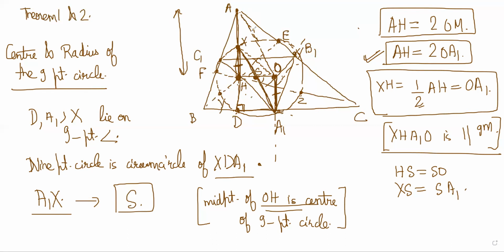If you think of this HOA triangle, X is the midpoint of AH, right? And S is the midpoint of OH, right? So SX is a mid-segment, a midpoint theorem sort of line in triangle AOH, no?